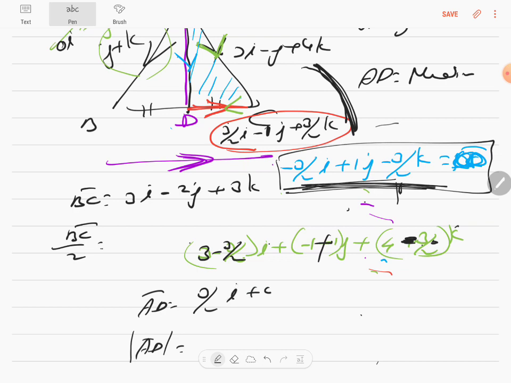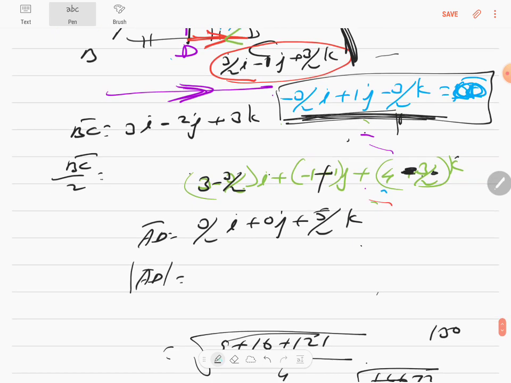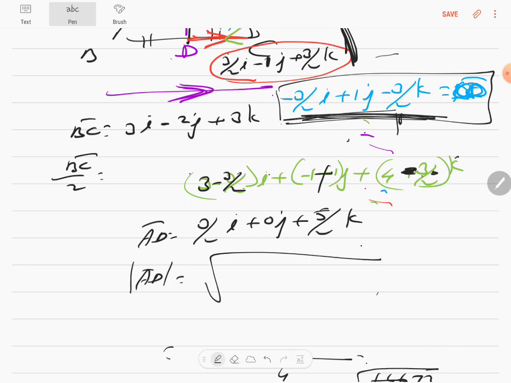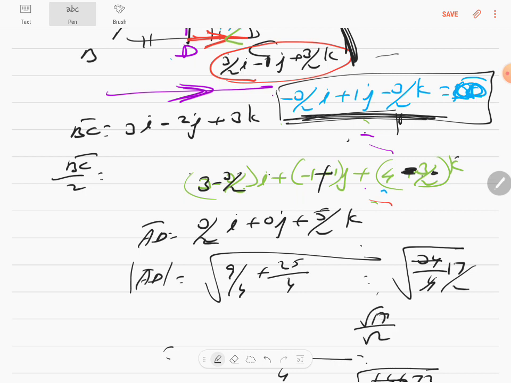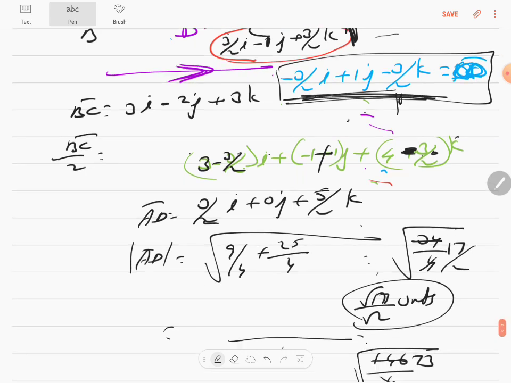This will become plus 0j, and this will become, what is the 8? 5 by 2k. I hope I am doing it well now. I hope there are no mistakes. So if you find the magnitude of this, it will be 9 by 4 plus 25 by 4, which will be root of 34 by 4, which will be root 17 by 2. So root 17 by root 2 units will be the length of the median. So I made a calculation mistake.